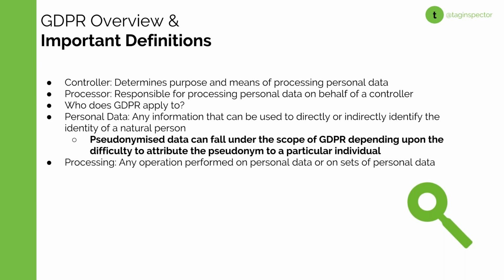If you are just retrieving information that's maybe in a spreadsheet, that's processing. If you're collecting information from a website, or you're setting up the tag architecture in order to be able to collect information or behavior of users, that's processing. Processing applies to basically any action that you're taking with personal data.